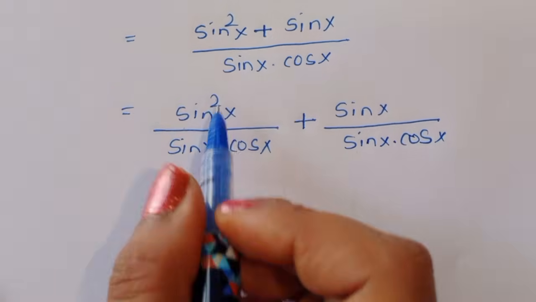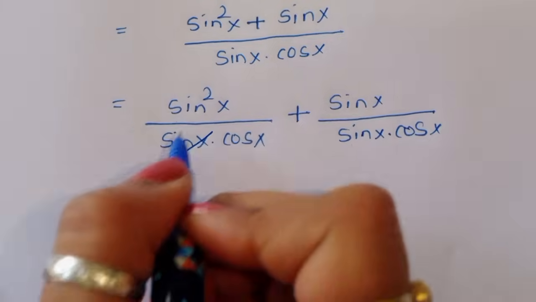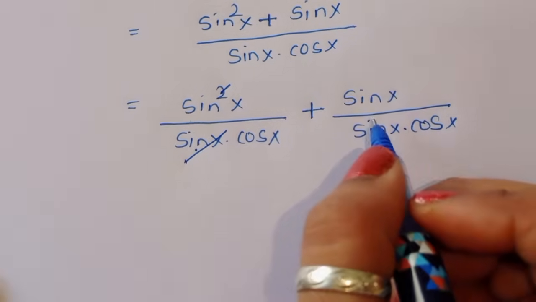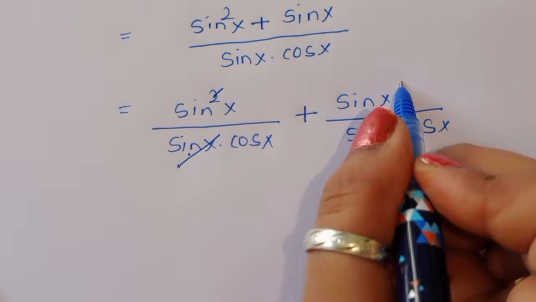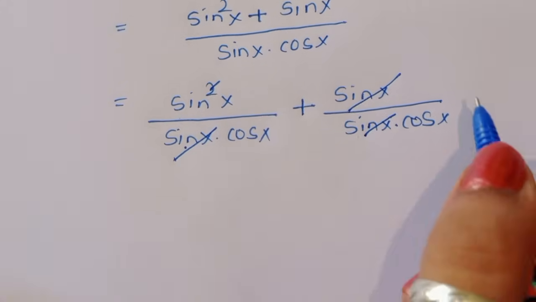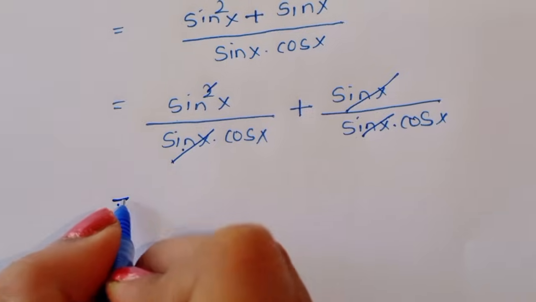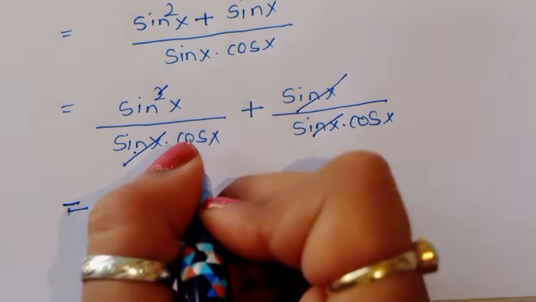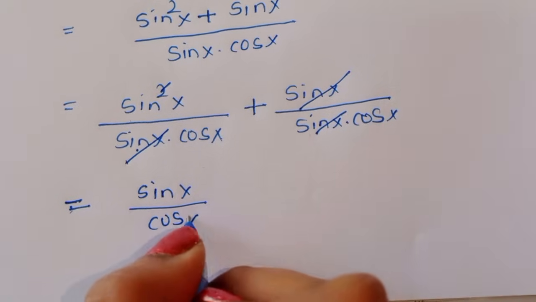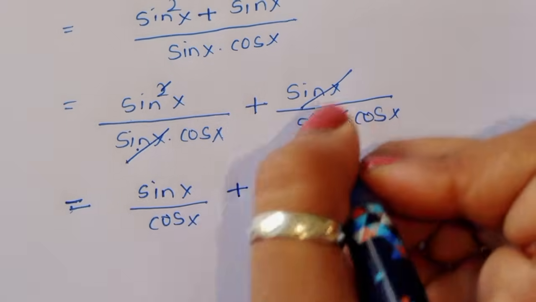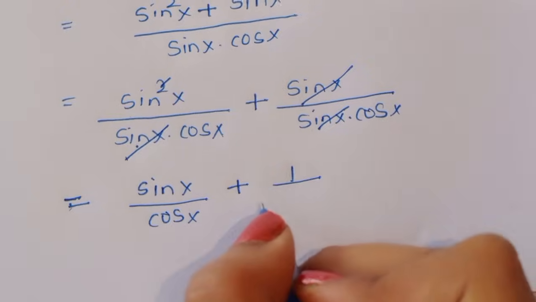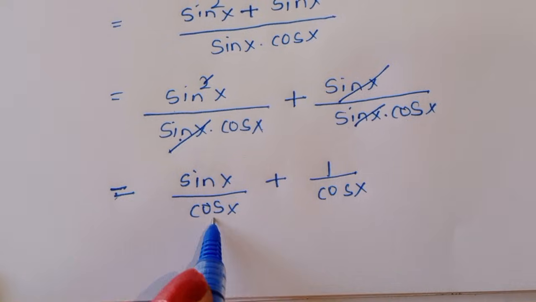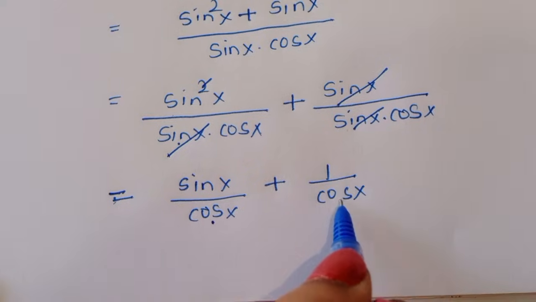Now sin square x and here sin x, so this will cancel. So sin x divided by cos x, and here sin x divided by sin x into cos x, so this sin x is cancelled from this sin x. The left term is sin x divided by cos x plus 1 upon cos x.